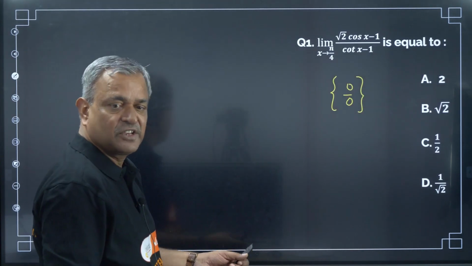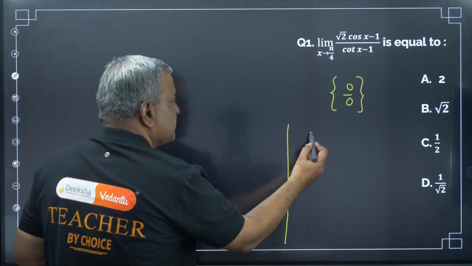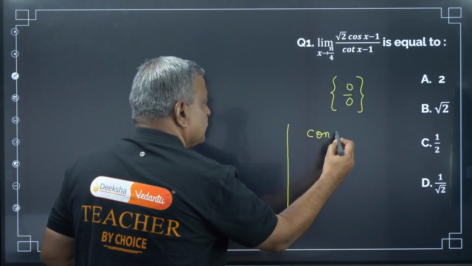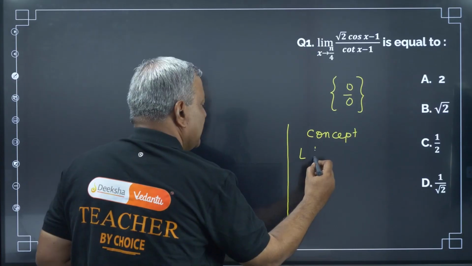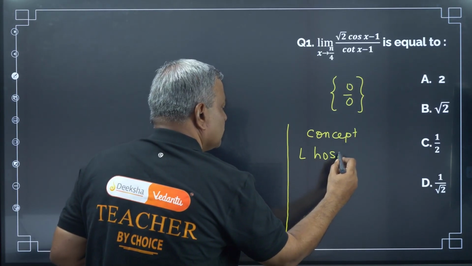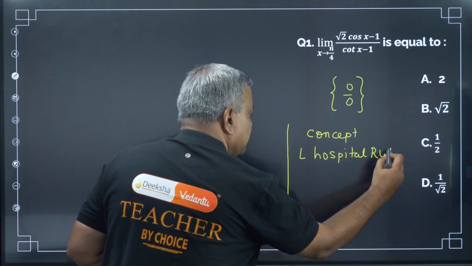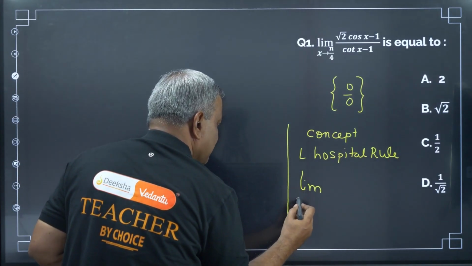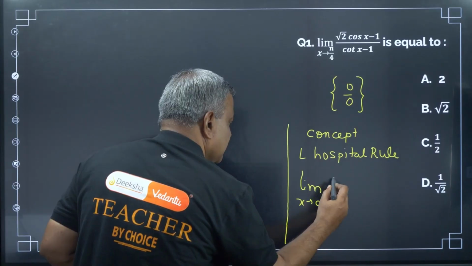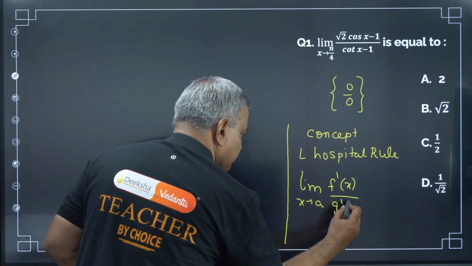Whenever I am teaching the solutions, on the right hand side of the notebook, write the concepts. Concept used is L'Hospital rule. What is L'Hospital rule? Differentiating numerator and denominator separately, f dash x by g dash x.